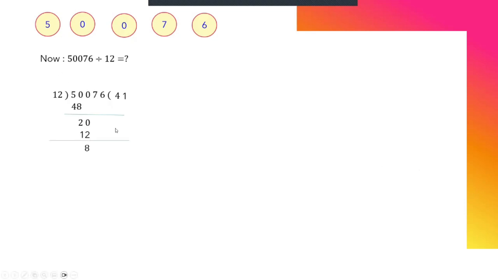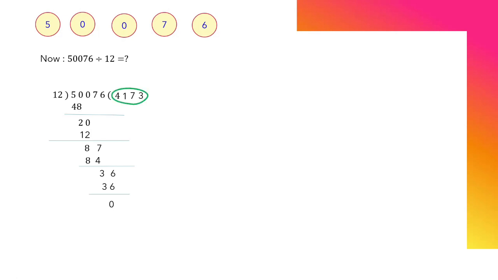Then 7 comes down, making 87. 12 goes into 87 seven times, which is 84, and 87 minus 84 is 3. Then 6 comes down, so it is 36. 12 goes into 36 three times. So the final answer is 4173.